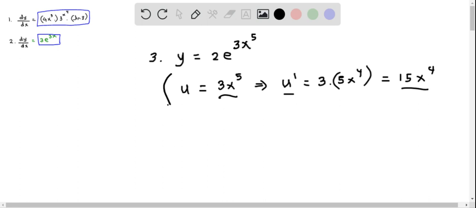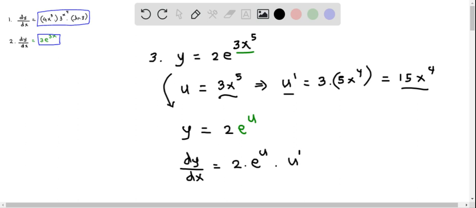Now we can rewrite the equation for y in terms of u after we made the substitution. So y equals 2e raised to the power of u, replacing 3x^5 by u. Now we find its derivative, that is dy/dx, and this equals, we have this 2, the derivative of e^u is e^u, and then multiply this by the derivative of u, which is u prime.